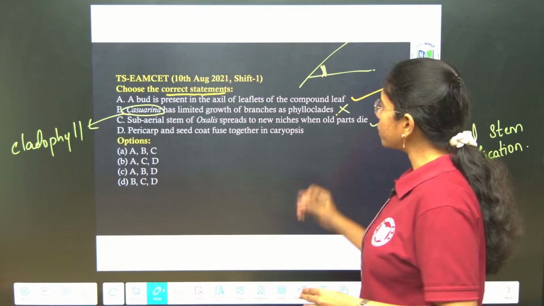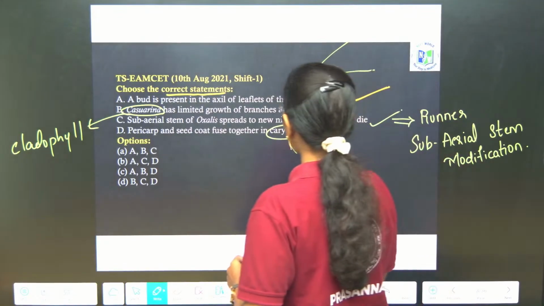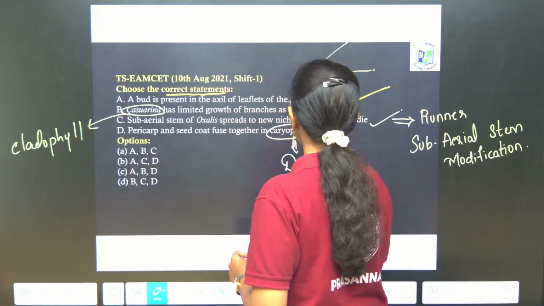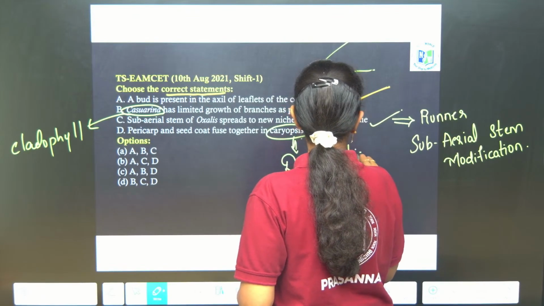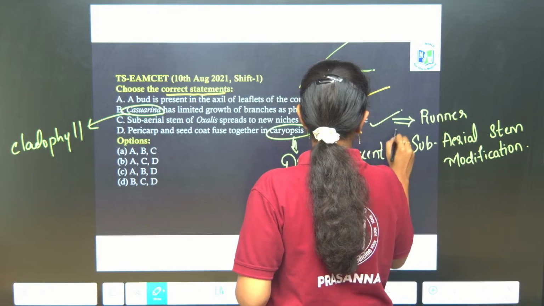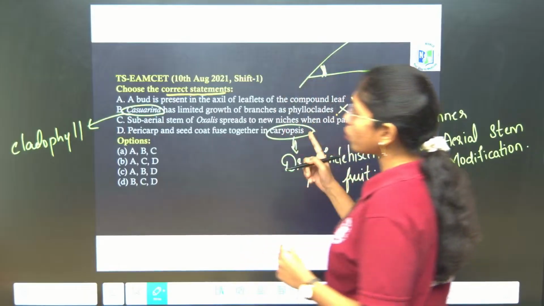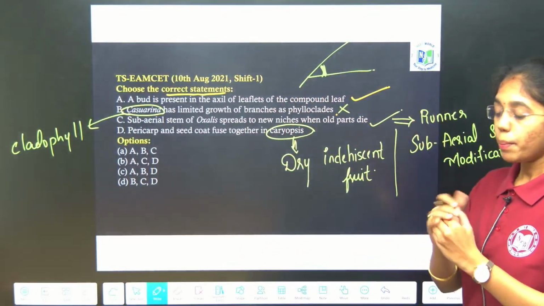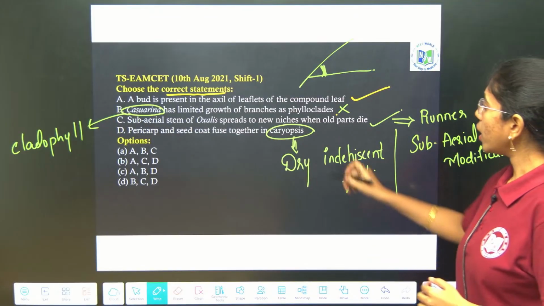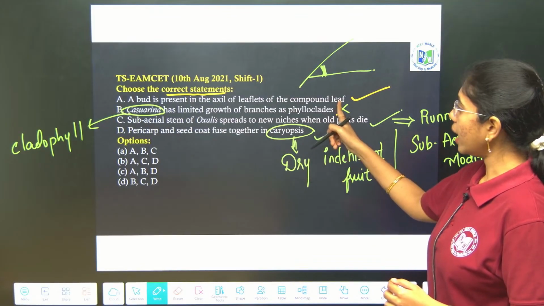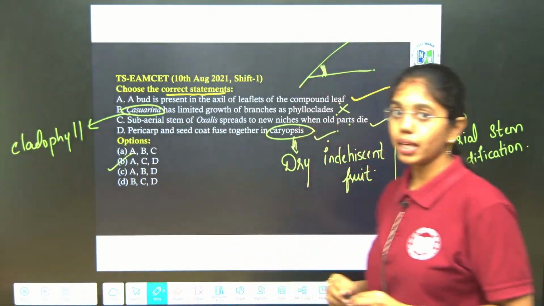Yes, in Caryopsis what type of fruit, beta? Dry indehiscent fruit. In this dry indehiscent fruit of Caryopsis, pericarp is fused along with the seed coat. So, here what options are correct? A, C and D. Option B is the right answer.